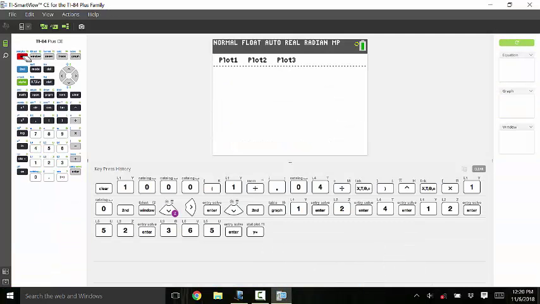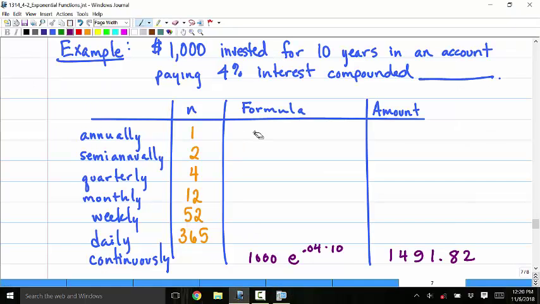Okay, I didn't want to type that formula in 1,000 different times. Your formula would be 1,000 times 1 plus 0.04, for annual, over 1, to the power of 1 times 10. If you notice, those two are the numbers that are changing, right?